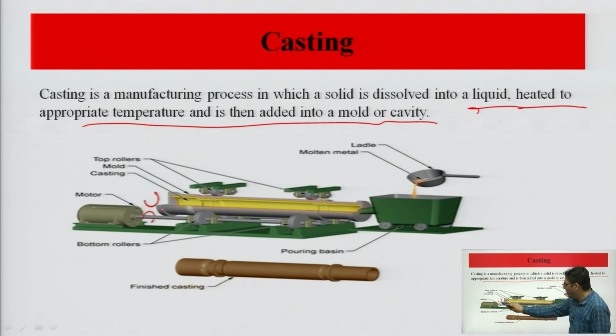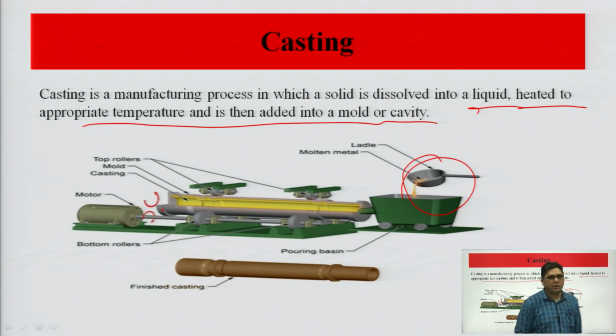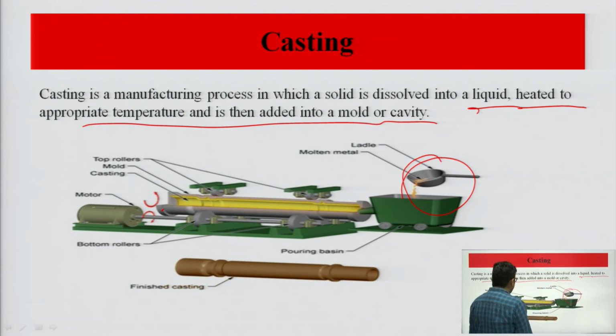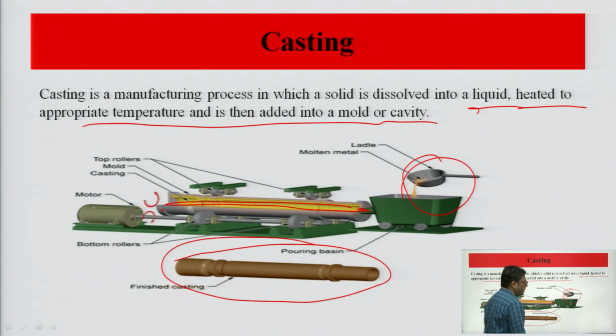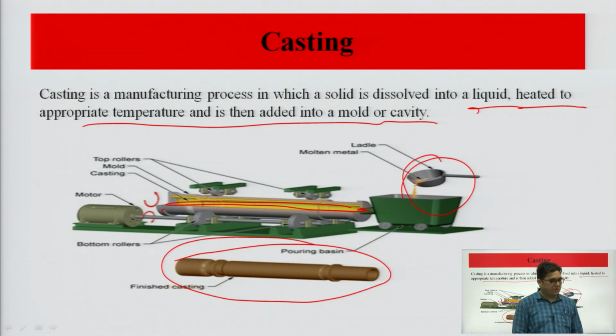As you can see over here, the heated material is put into a mold or a frame, then we put it through some rolling, and as a result the final finished product comes into existence. So, this is how casting comes into existence and how casting is done.